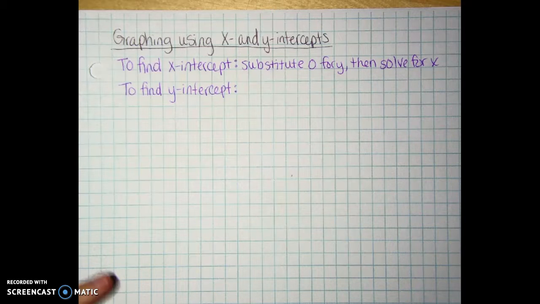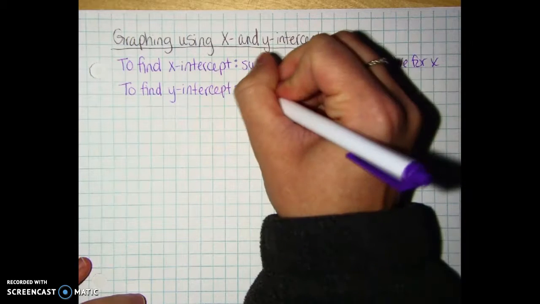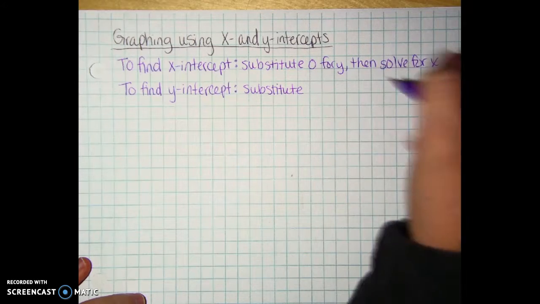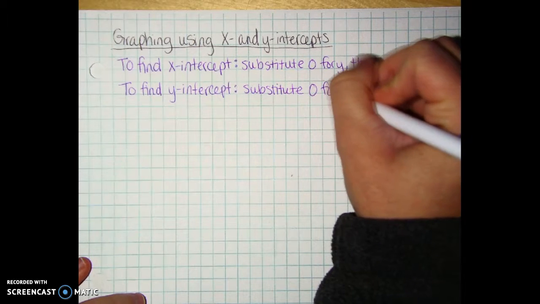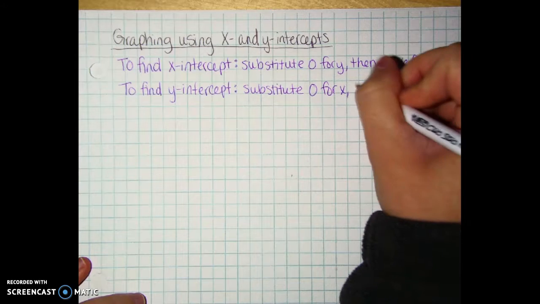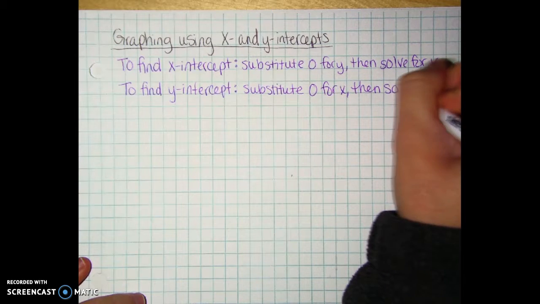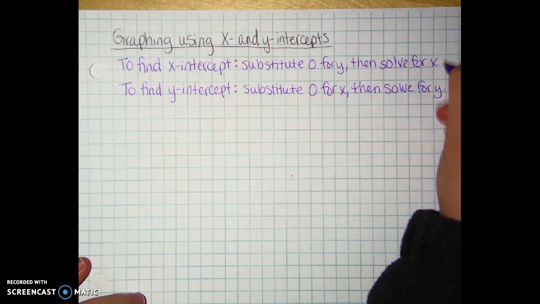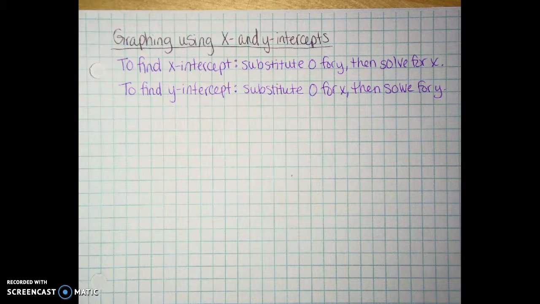And to find the y-intercept, you're going to substitute 0 for x, then solve for y. And then I will also show you how to graph using the intercepts. Okay, so let's do a few examples.